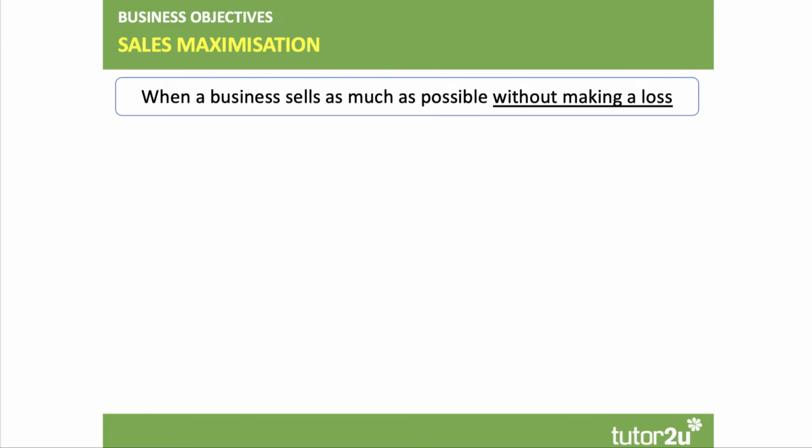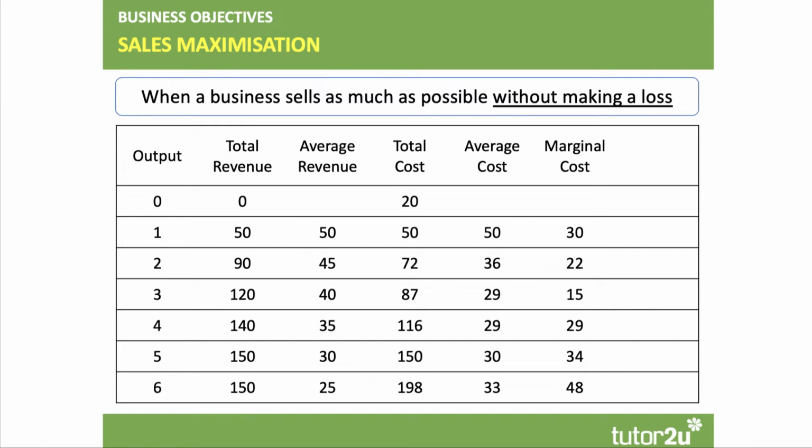We've shown it diagrammatically. Let's have a quick look using a table of data. Oftentimes you're given this kind of data in a multiple choice question. So here's a firm with output rising in units of one, revenues and costs as shown. Well, if we take total revenue minus total cost, we can fill in the final column to show the total profit.